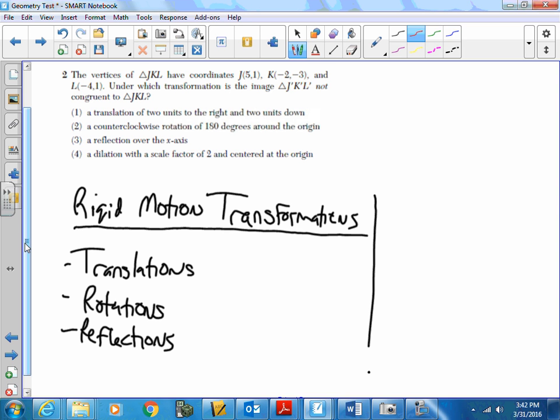So, non-rigid motion transformation. Wow, I spelled rigid wrong. Let's try that again. All right, non-rigid motion transformation.